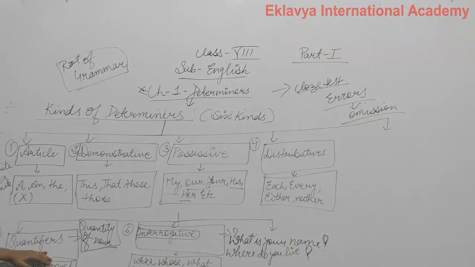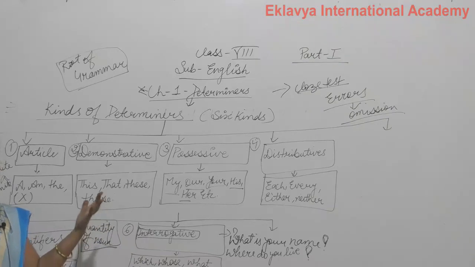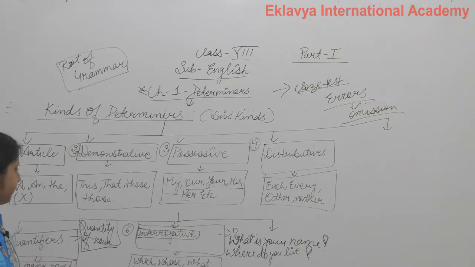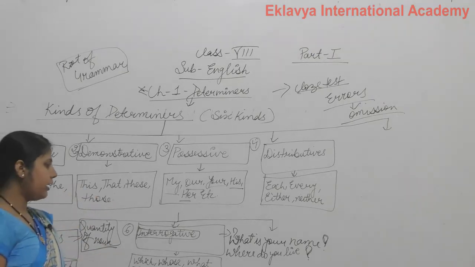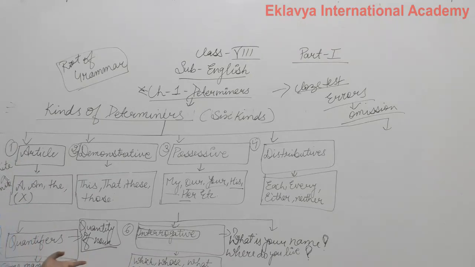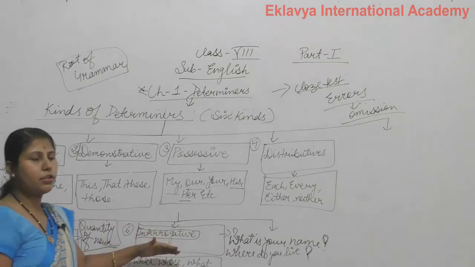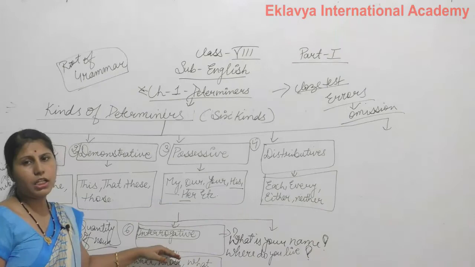Next one is quantifiers, which show the quantity, like in measurement, many people, several persons. This tells about the quantity of a product or a noun, clear. And interrogative, we all know about it. It tells us about questions.